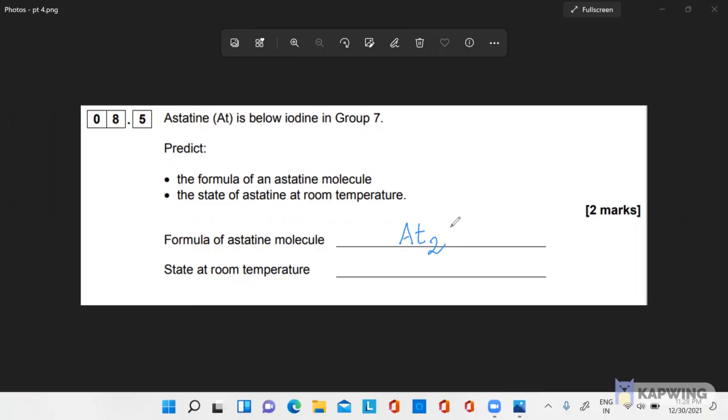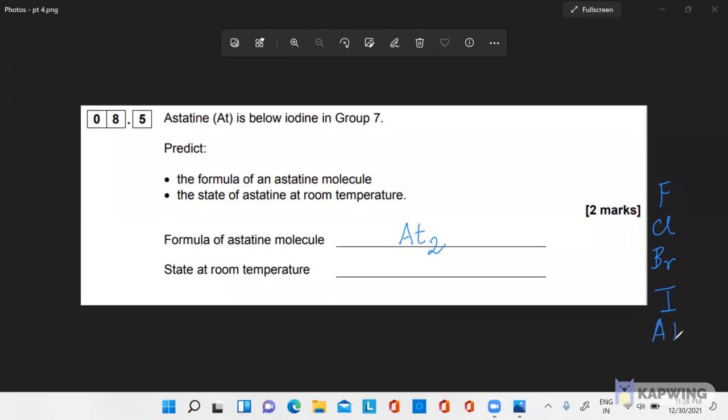If we see the group 7 elements, which are fluorine, chlorine, bromine, and iodine, these are the elements of group 7, and below iodine is astatine. So we have to find the state.